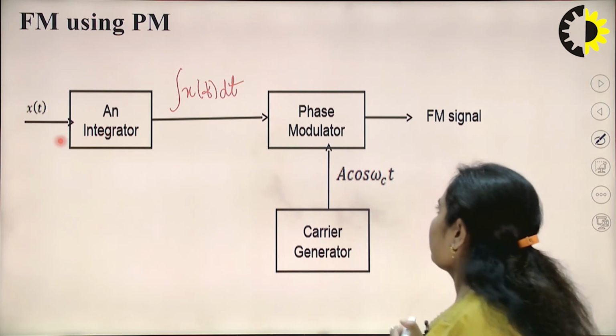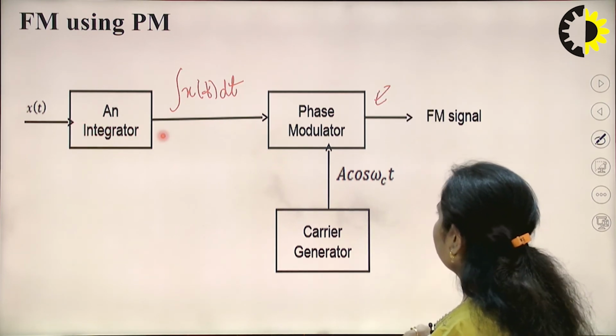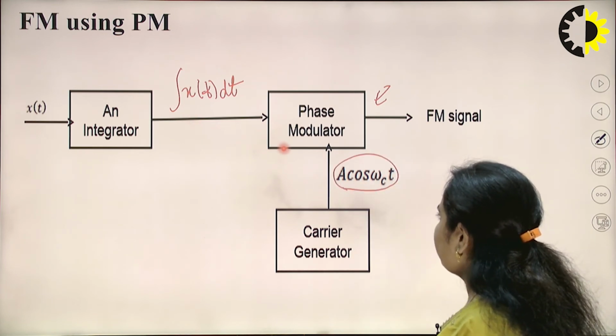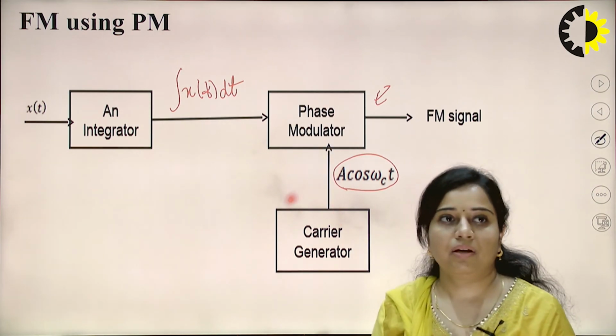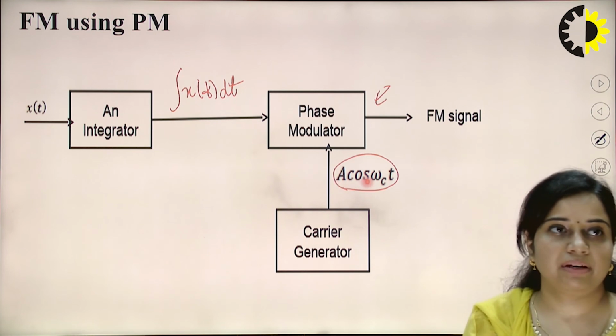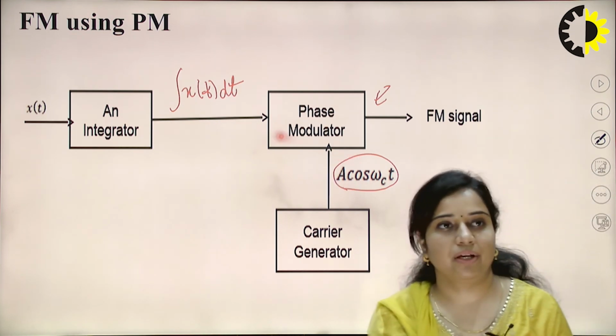This will be passed through a phase modulator. At the output of the phase modulator there will be an FM signal, and at the input there will be a carrier signal, that is A cos omega c t. So, if we have a phase modulator and we have to derive an FM signal, this is the block diagram that we have to use.